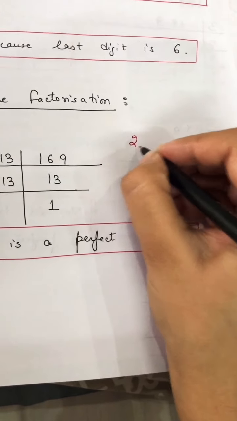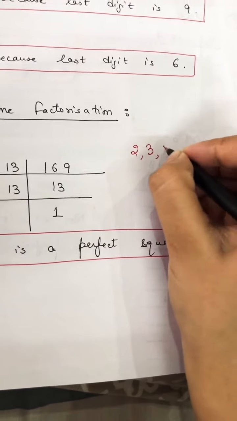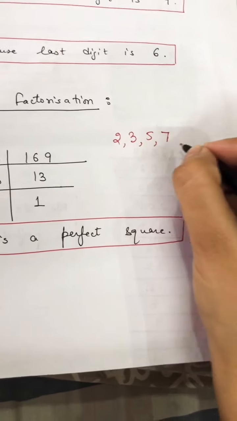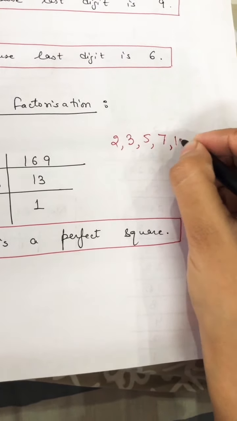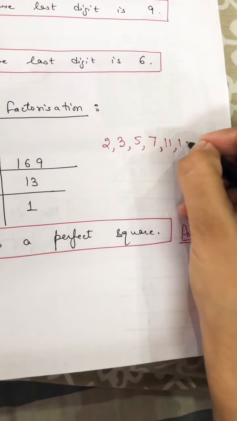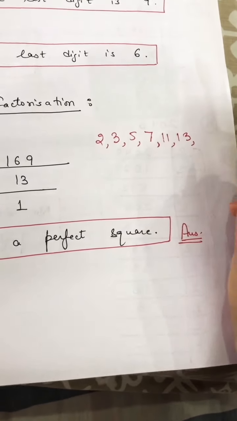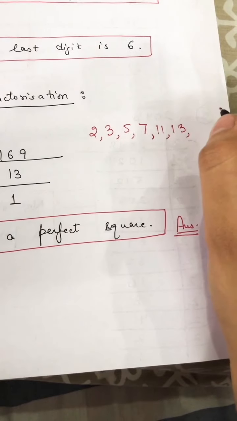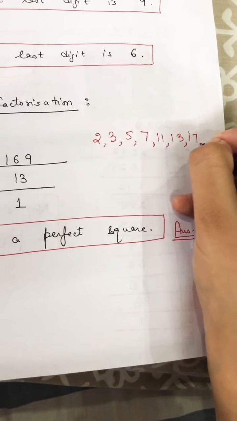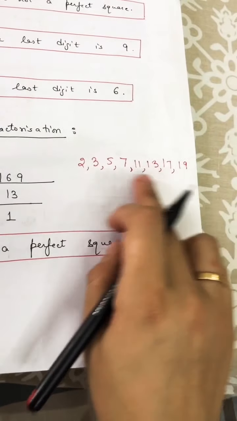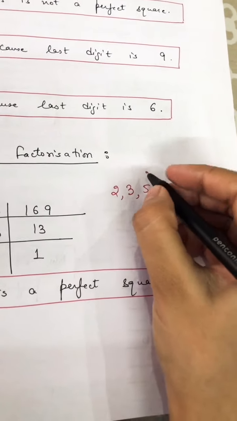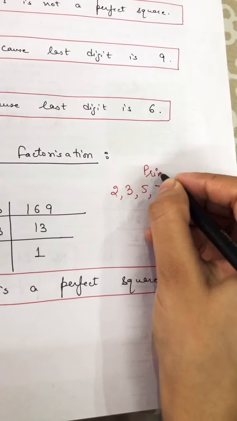I'm telling you, 2, 3, 5, 7, not 9, not 8, not 10, 11, then 13, not 15, not 14, 15, 16, 17, 19, because these are the prime numbers. You have to start your LCM always with these numbers.